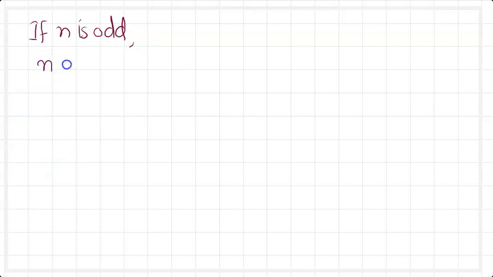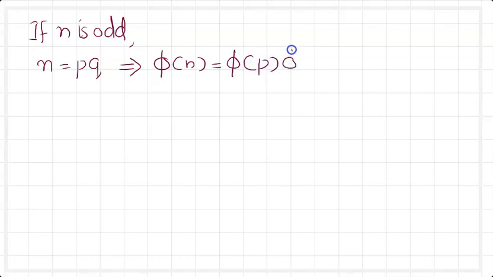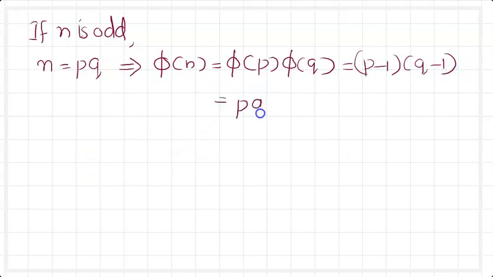We already know that n is equal to the product of two primes p and q, and to compute phi of n, we can again use the multiplicativity of phi and observe that phi of n will be equal to phi of p into phi of q, and that will be equal to p minus 1 into q minus 1, which can be expressed as pq minus p minus q plus 1 by multiplying these two factors.